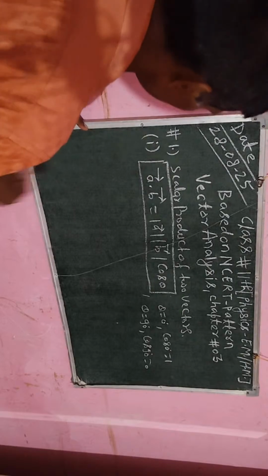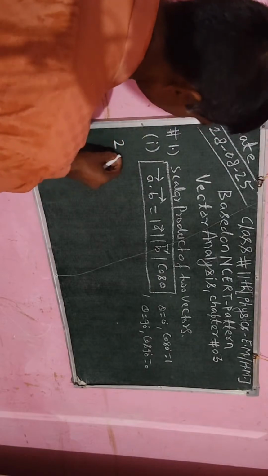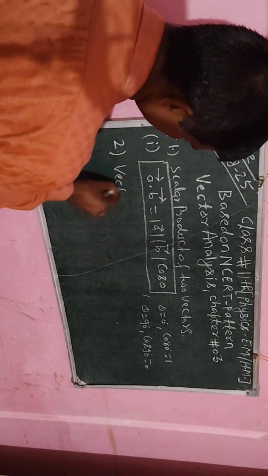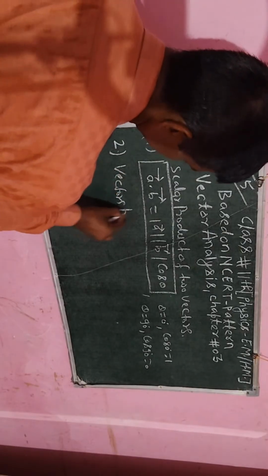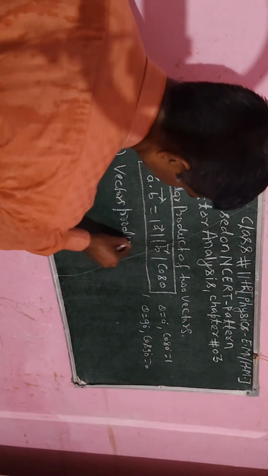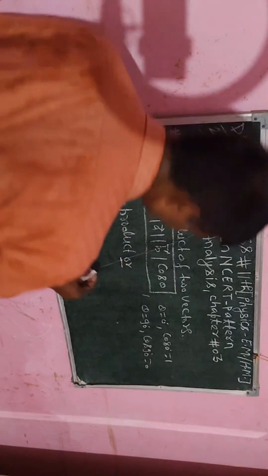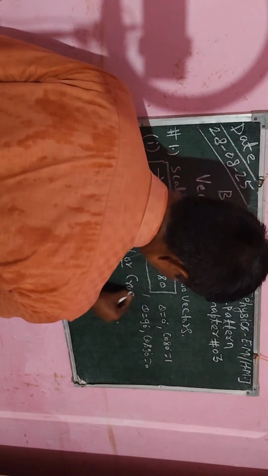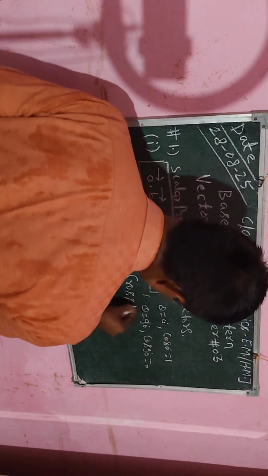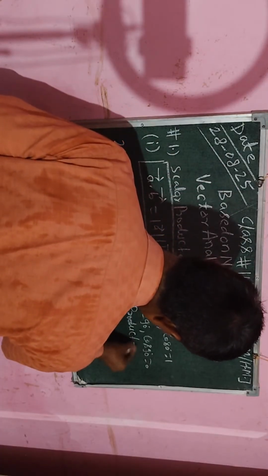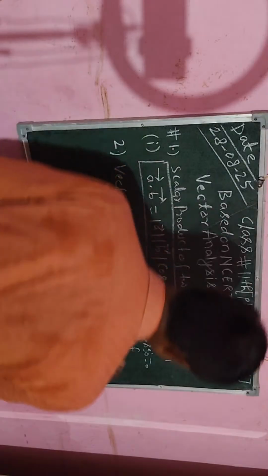Okay. Now the second point I have to explain is the vector product, or in other words the cross product of two vectors.